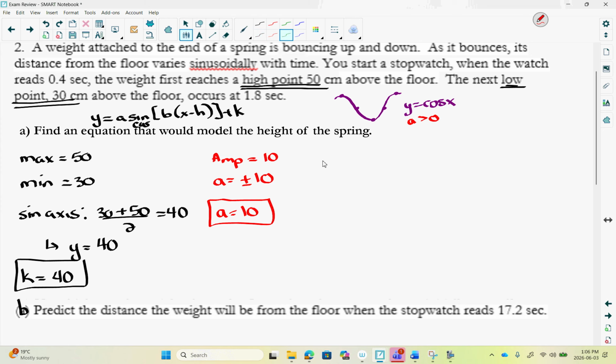To get the period, I have to take this time right here, 0.4, subtract it from this time right here, 1.8. But that's only half the period to go from max to min. 1.8 minus 0.4. If that's only half the period, how do I get the full period? I double that. P is going to equal 2 times 1.4.